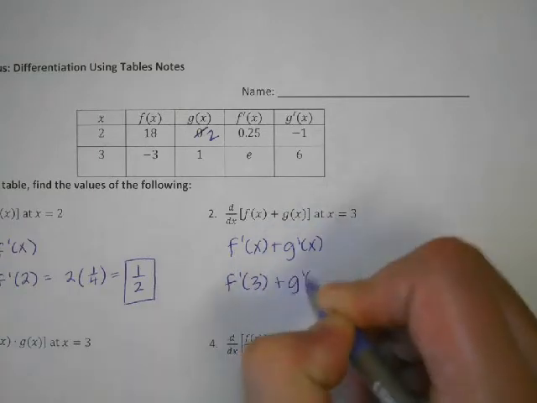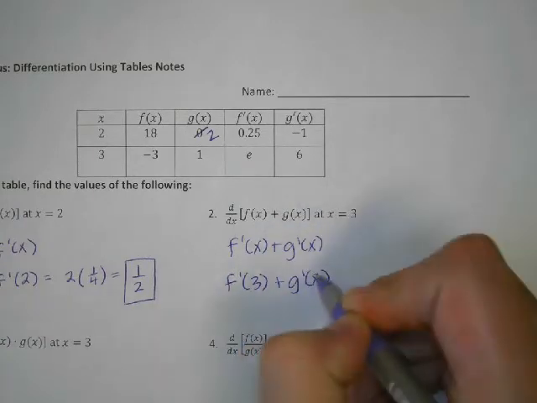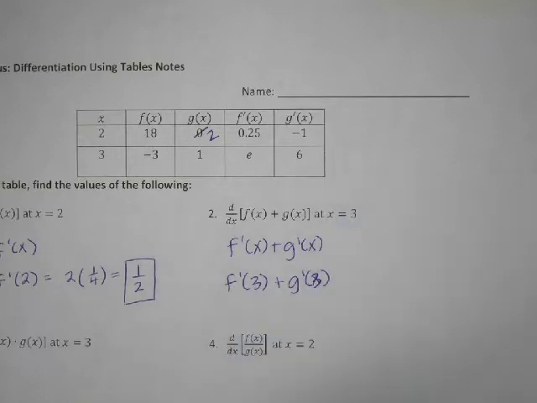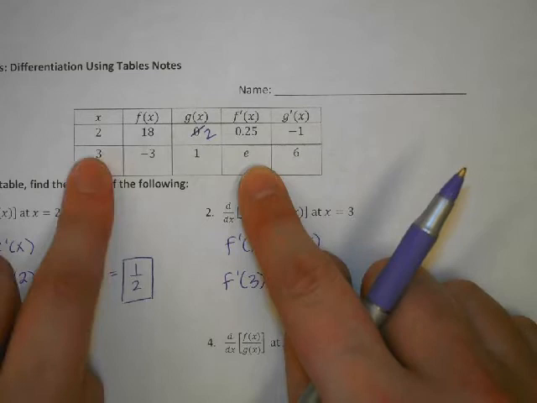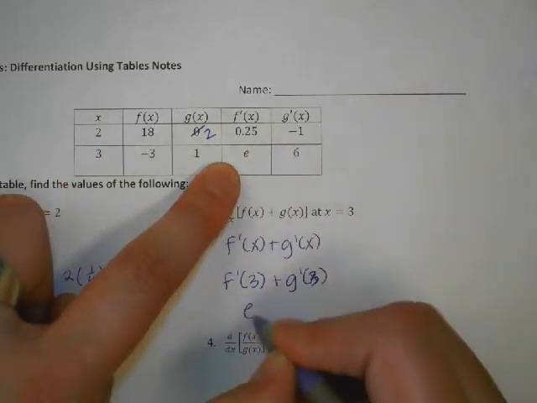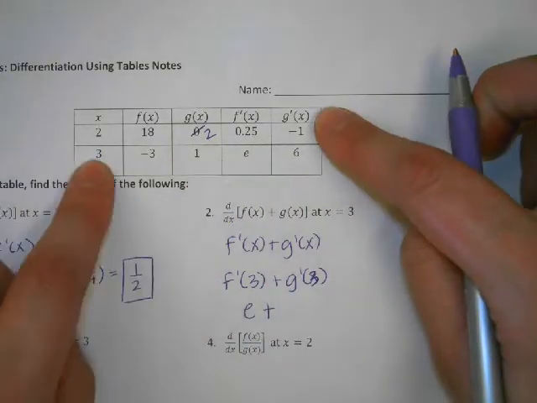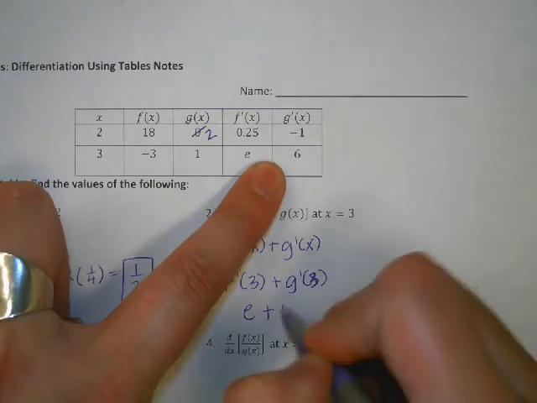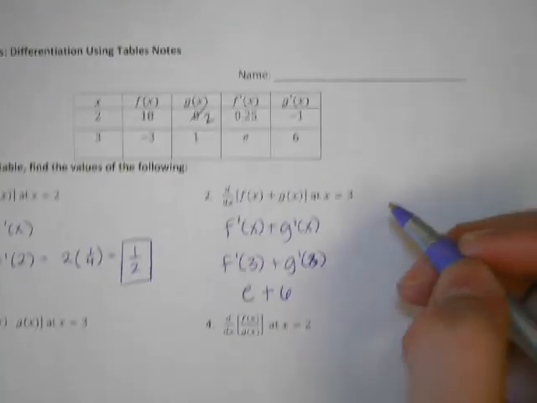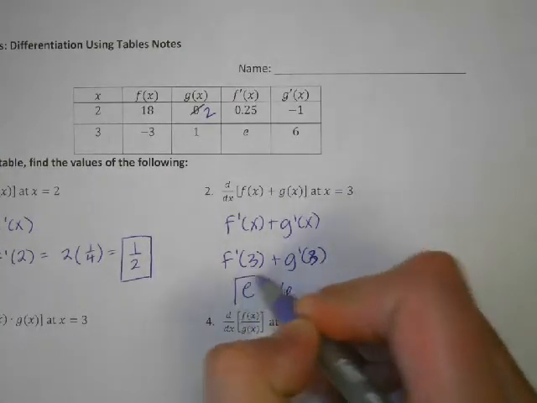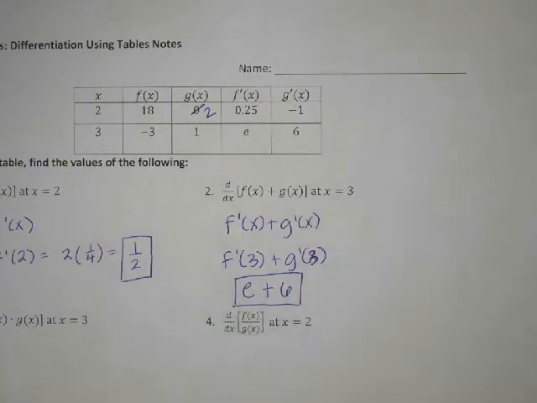I'm evaluating these derivatives where x equals 3. So f prime of 3 is e. G prime of 3 is 6. So my answer is just e plus 6. Those are not like terms, so I can't add them together.